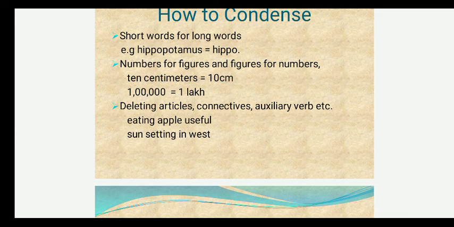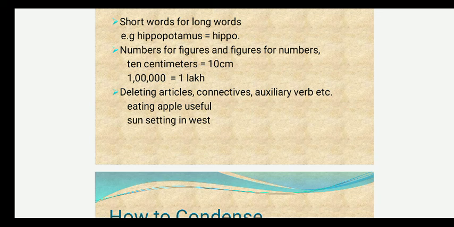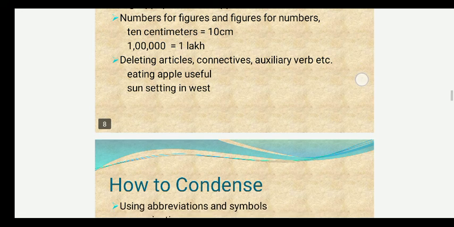The sentence would be: eating apple is very useful. Another point: sun setting in west. The sentence would be: the sun is setting in the west. So we have removed the articles, and the auxiliary helping verb. In that way we have made points.